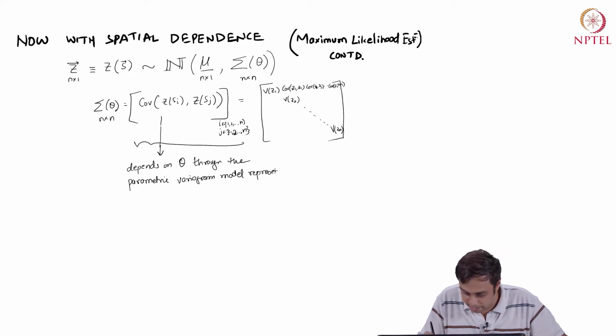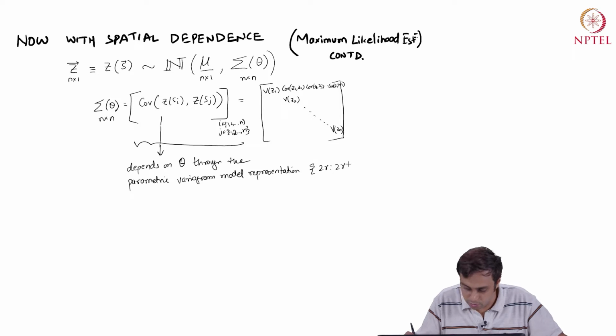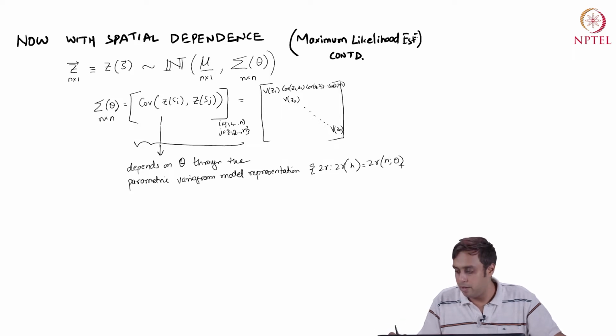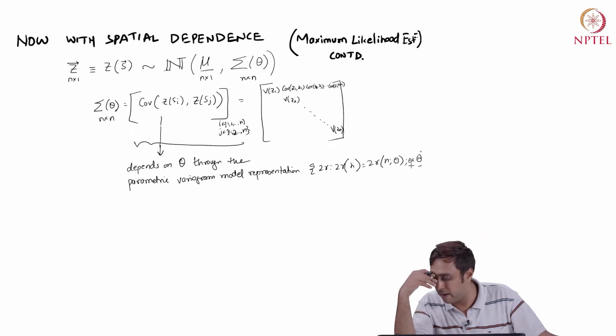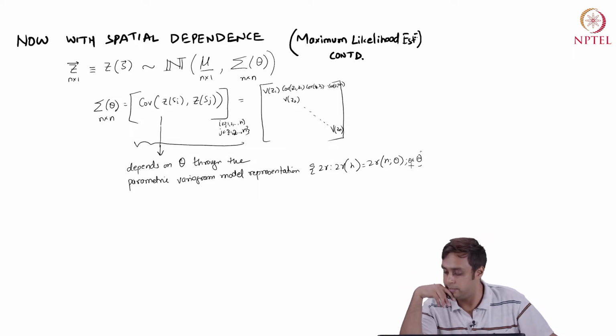representation such that 2 gamma h is equal to 2 gamma h theta, right. And we know that theta is itself in a parametric space capital Theta.